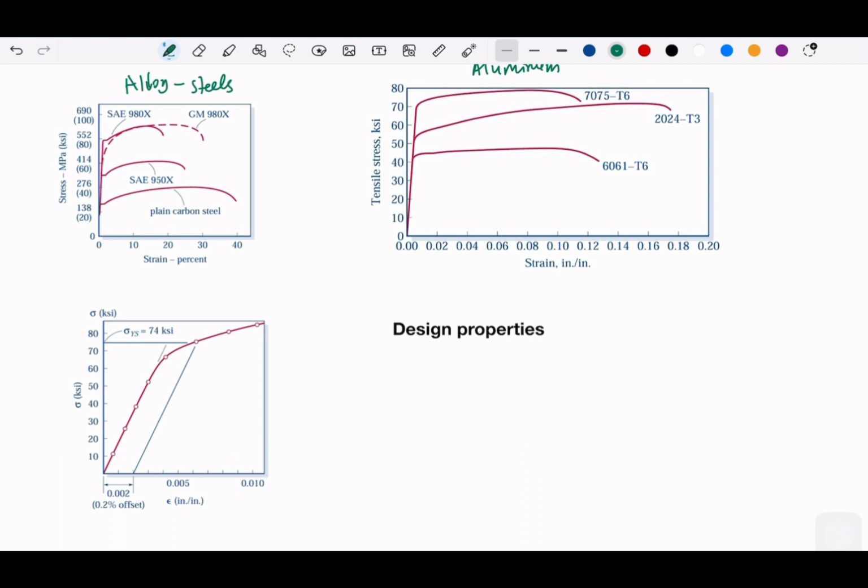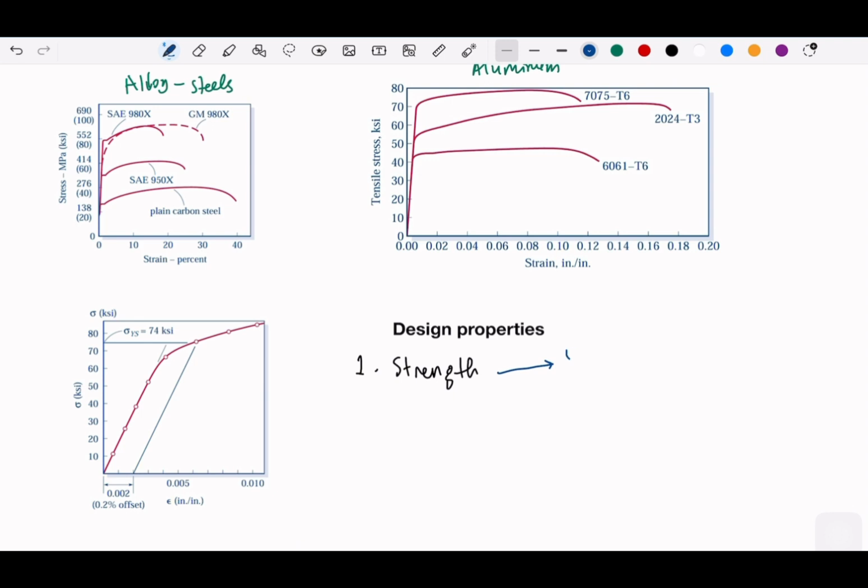Now for design properties, what properties should we take note of? There are several significant properties. The first one, the easy one to describe, is strength. Let me write strength. What kind of strength do we have?